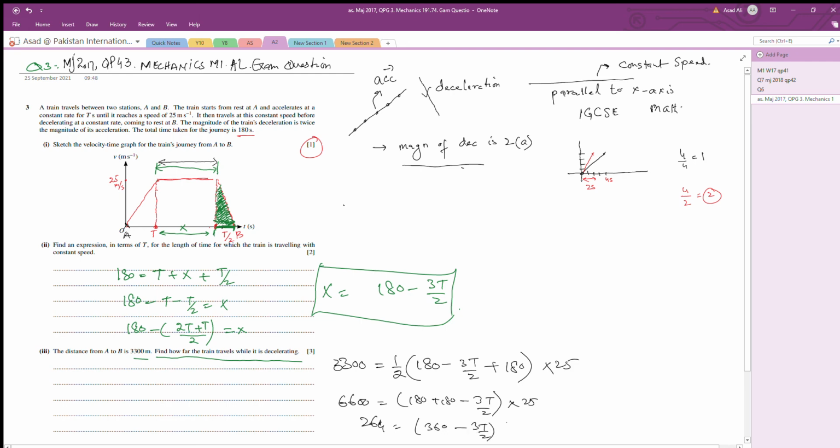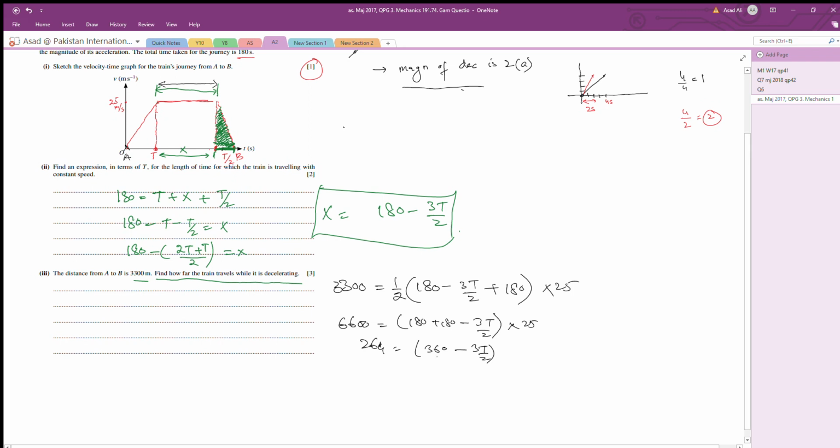Now okay, so 264 is equal to 720 minus 3t over 2. So 2 fours are 8, 2 sixes are 12, 2 twos are 4, so 528 is equal to 720 minus 3t.